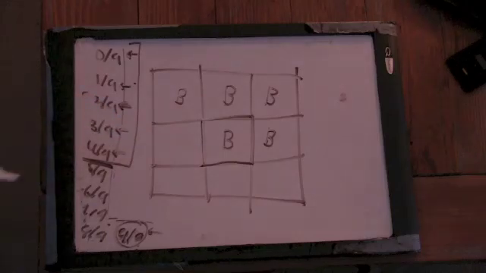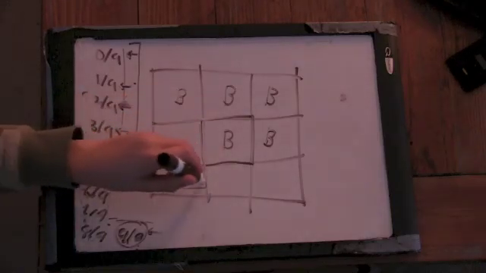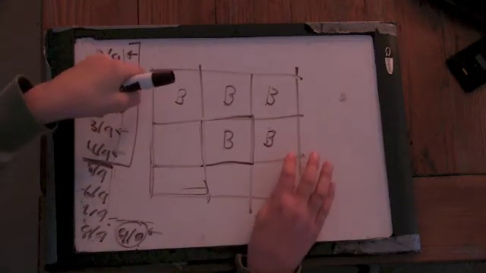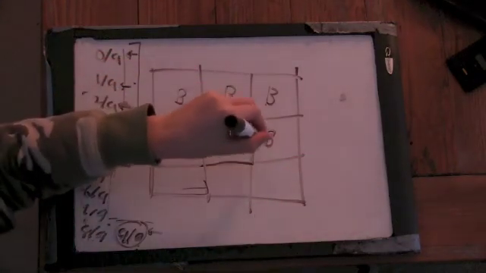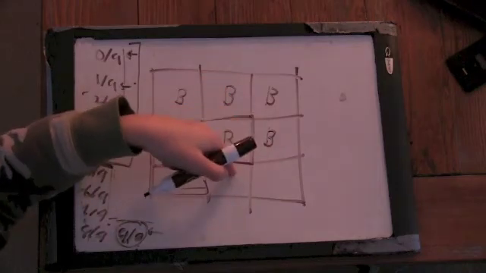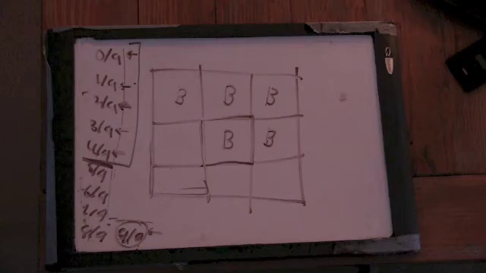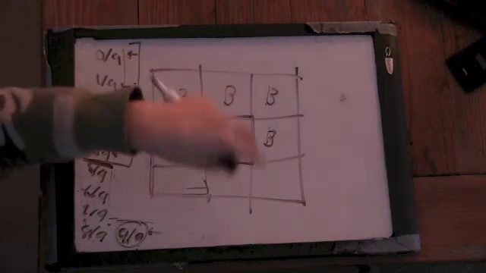What do you mean they don't work? Like these don't change, because you're rotating 90 degrees. So this one goes to here, this one goes here, this one goes here, this one goes there. So why don't these change? Because the black squares don't rotate onto them.